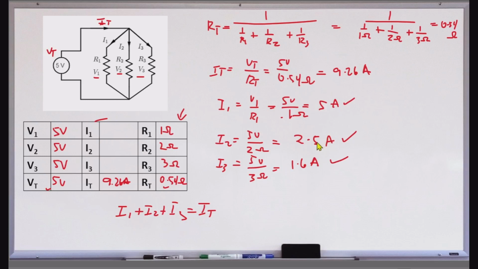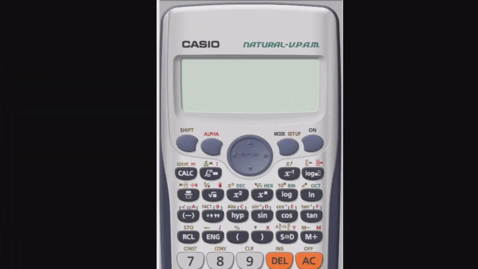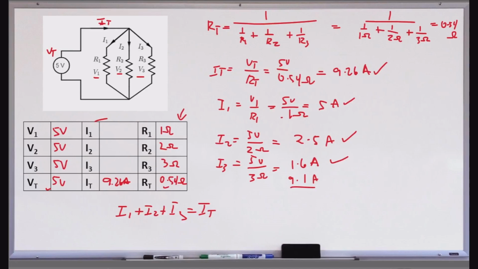That's going to be 9.1 amperes, almost near our computed value. Let's check using the calculator: 5 plus 2.5 plus 1.6 gives us 9.1. So 9.1 for the total.